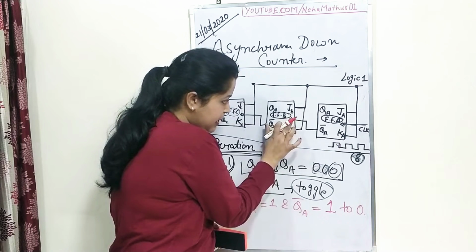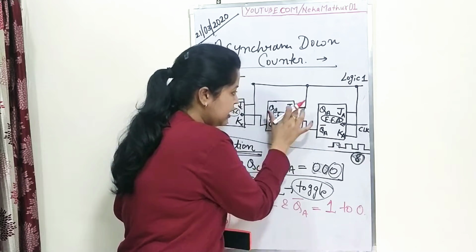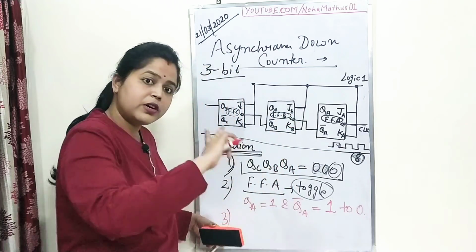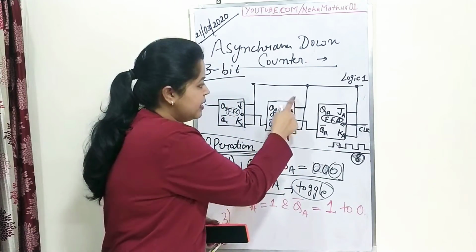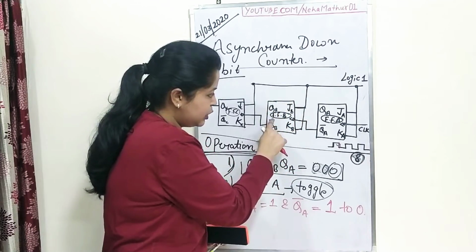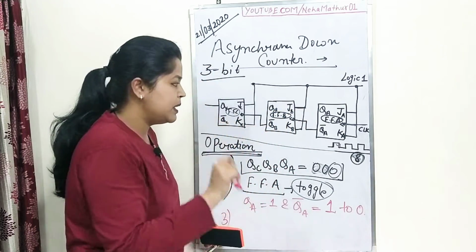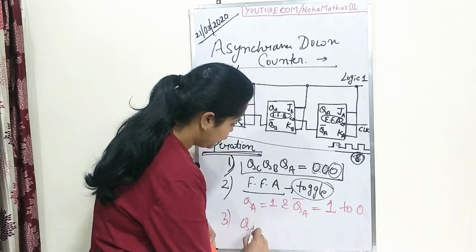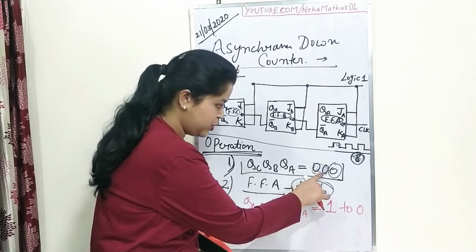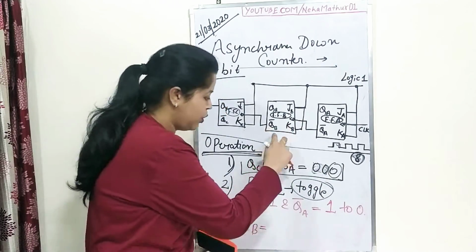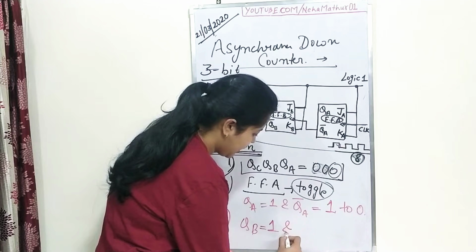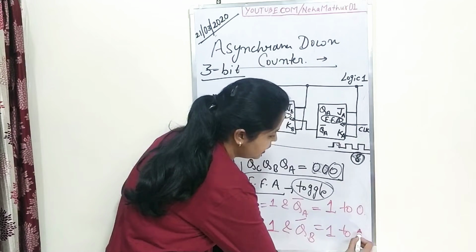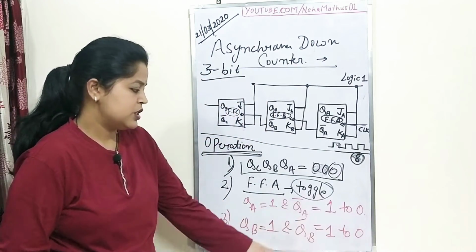Since the bubble is again here, it converts this 0 into 1, and as the 1 is applied, flip-flop B also starts to work, and QB, which was initially 0, because of the property of toggle will be set at 1, and QB bar again changes state from 1 to 0.